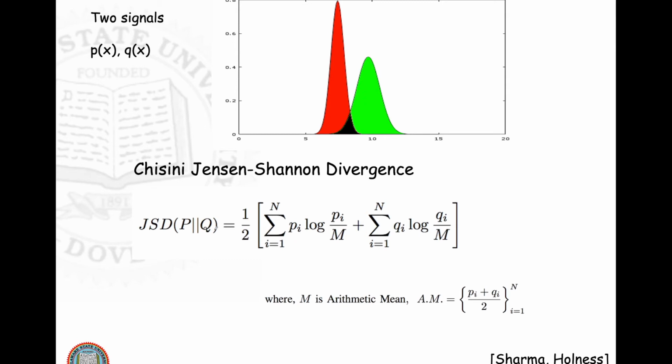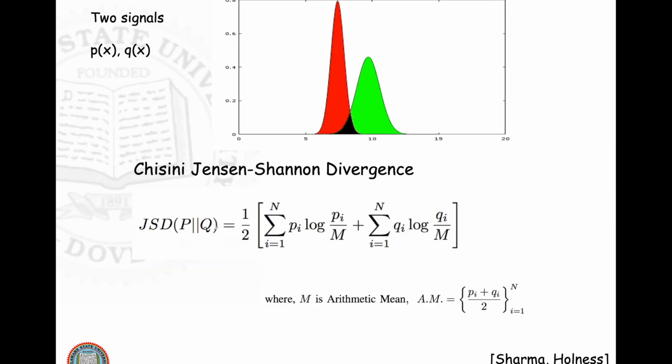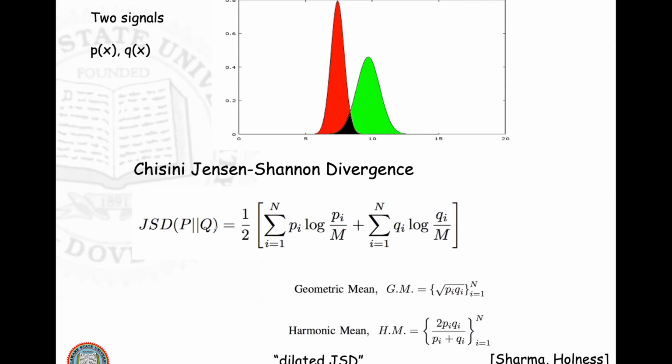Now, this M is the arithmetic mean of the two distributions. And so what we did is we changed the mean, substituting the family of Shishini means, the geometric mean, harmonic mean, and there are several other means that you can insert. And this gives us a new type of Jensen-Shannon divergence, a so-called dilated Jensen-Shannon divergence.